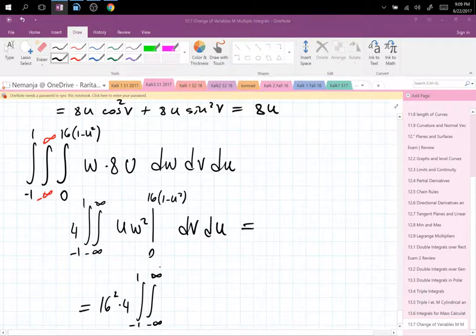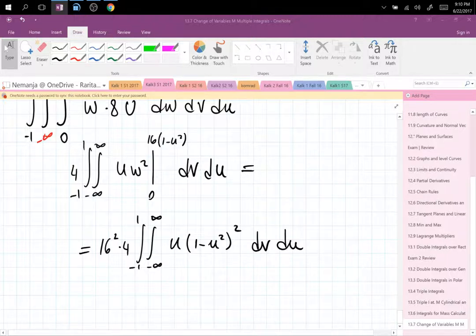And then I am integrating u times 1 minus u squared squared dv du. And that's going to diverge because that's a v.